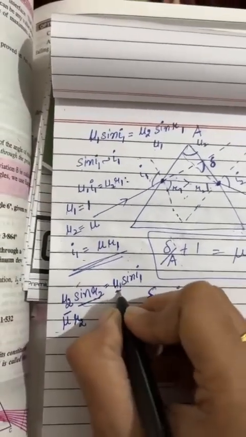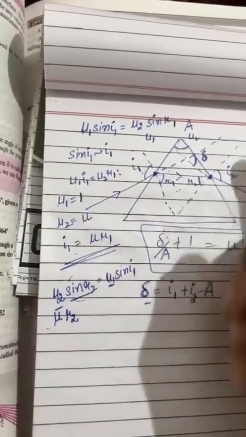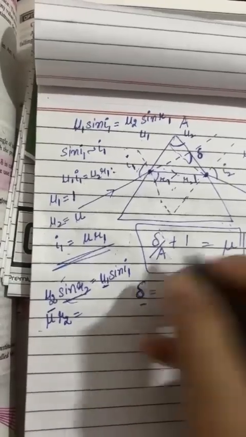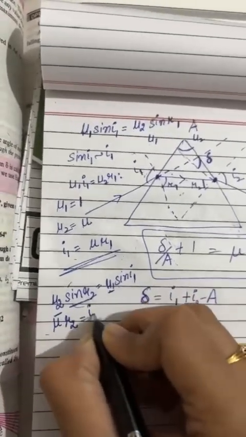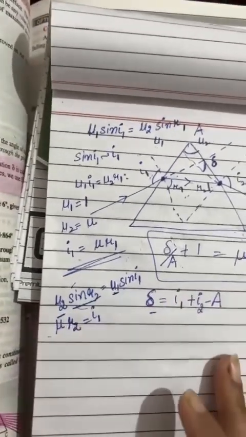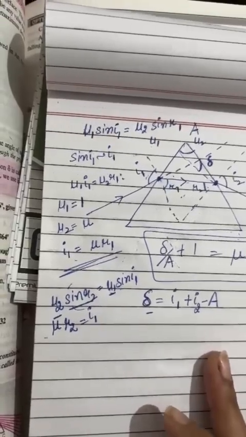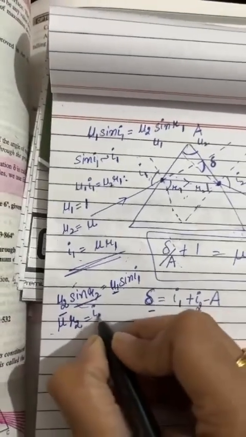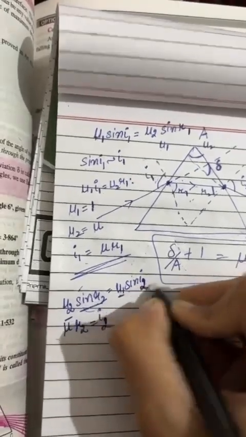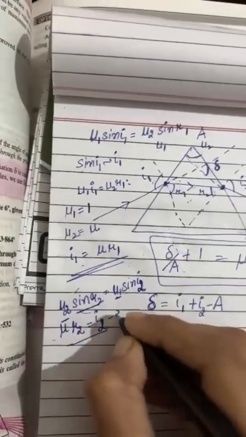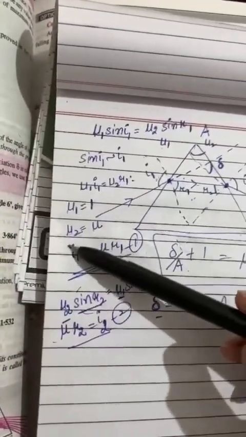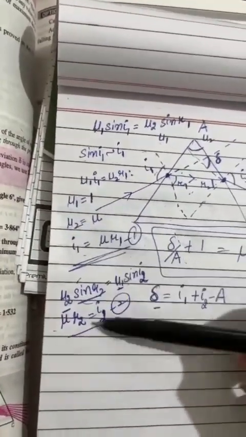Mu1 is the refractive index of air, so we can write mu1 is equal to 1 because the refractive index of air is 1. Sine I2 is I2. Clear? Sorry, here we have taken I2, the angle is I2. Clear? So from these two equations we will get two values, I1 and I2.